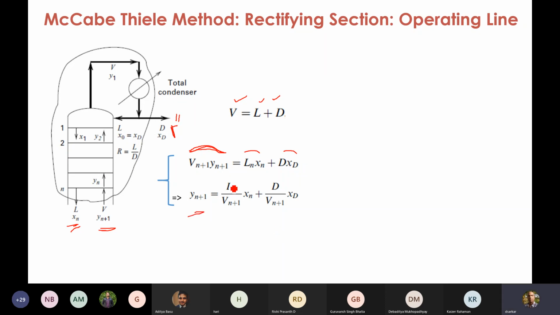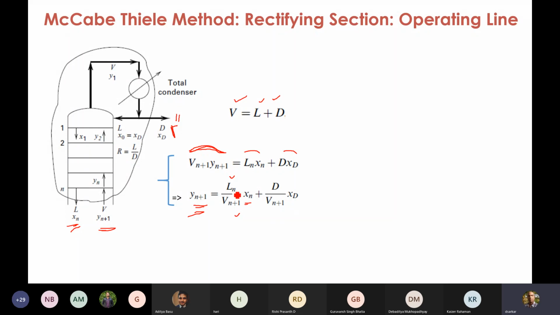Now you see this Ln and Vn plus 1, so yn plus 1 and xn, right? You see they are passing streams. Now for this entire rectifying section, we assume that the liquid molar flow rates are constant, and vapor molar flow rates are constant.